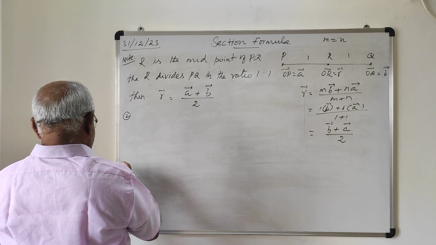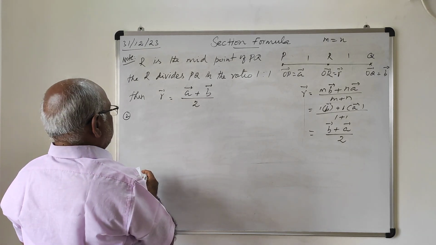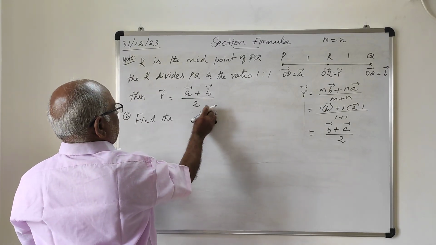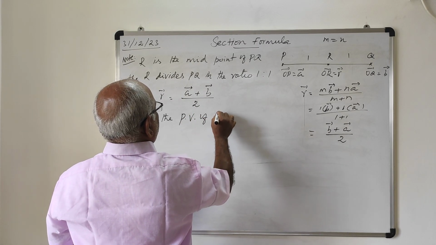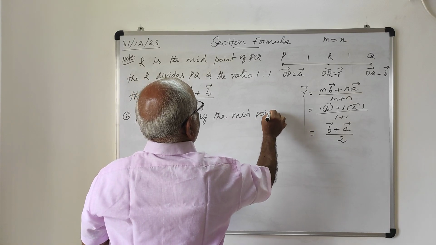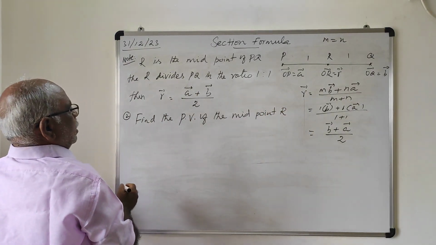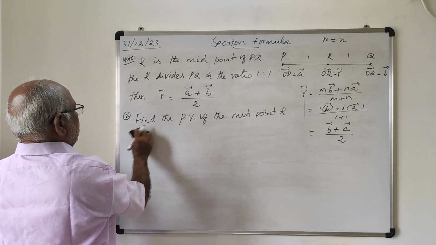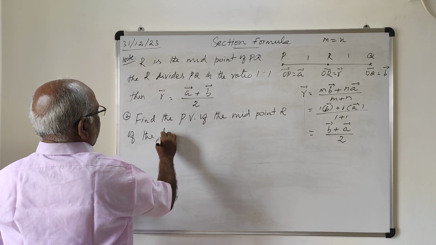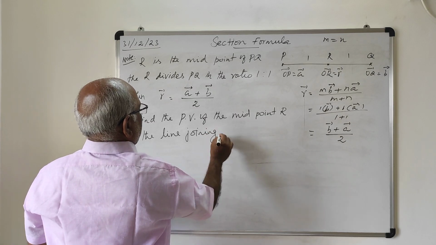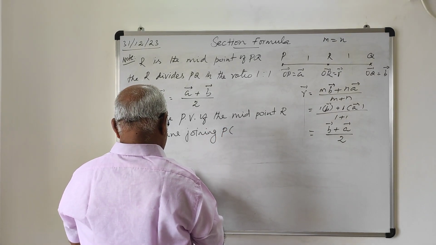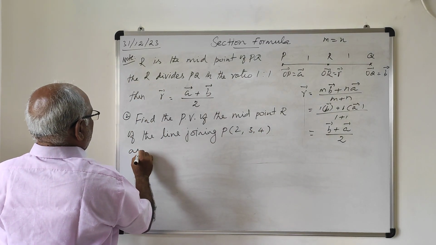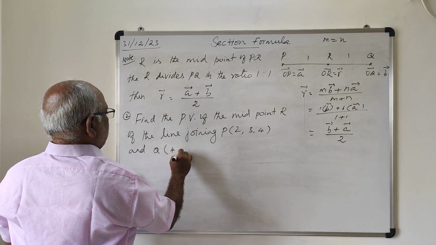Find the position vector of the midpoint of the line segment joining P and Q. The point P is 2, 3, 4 and Q is 4, 1, minus 2.